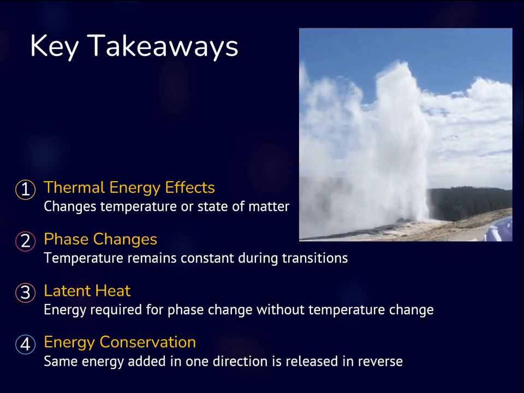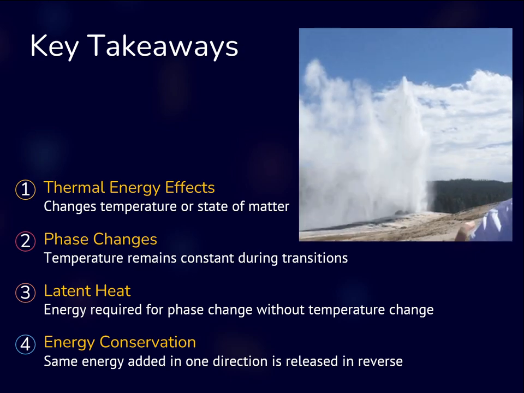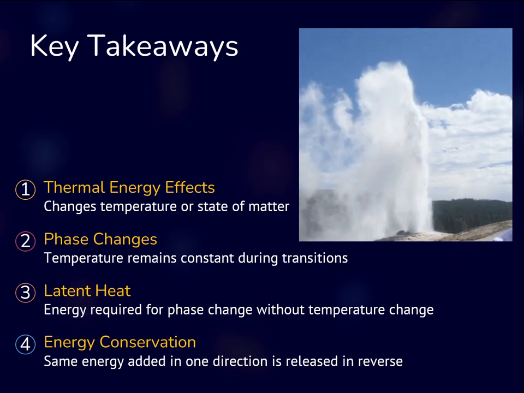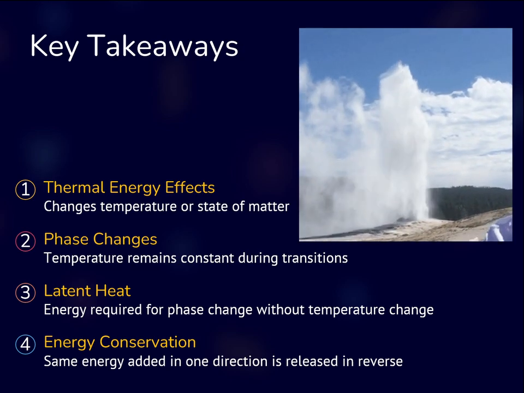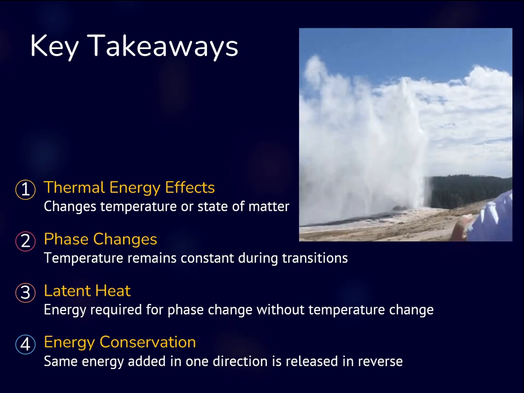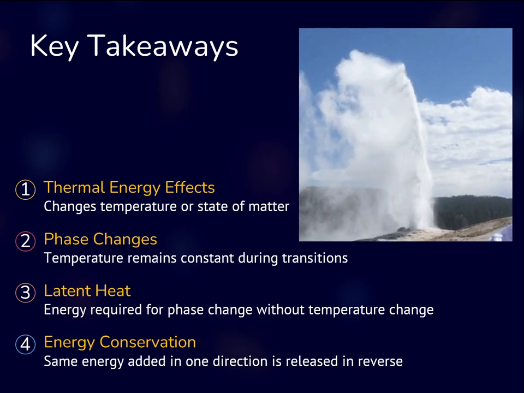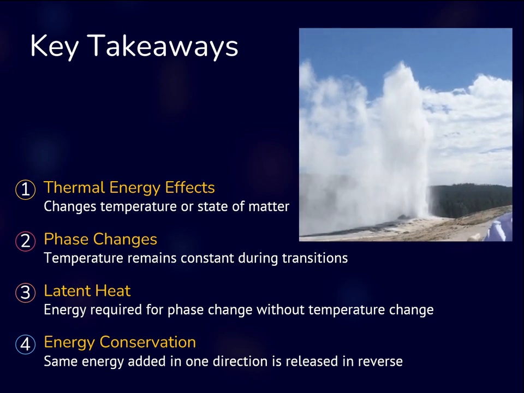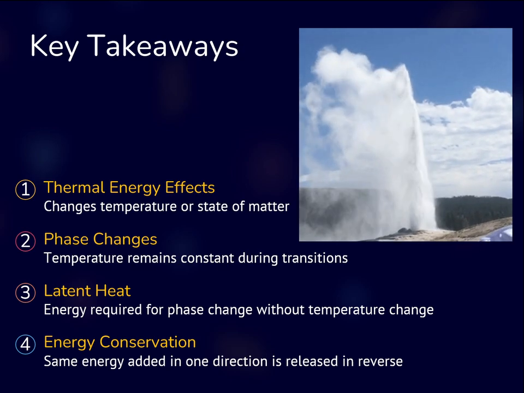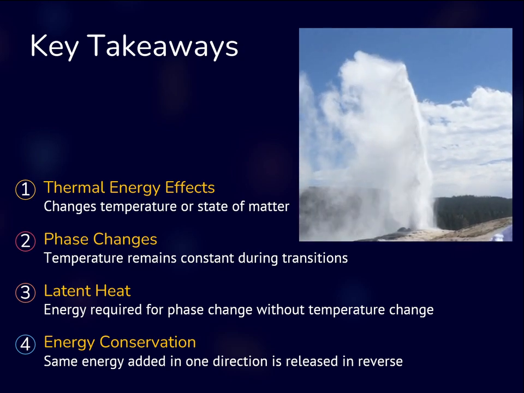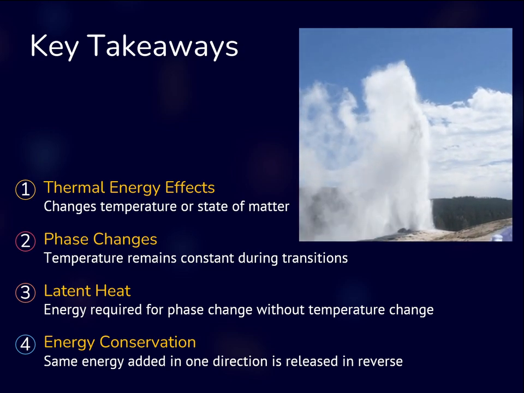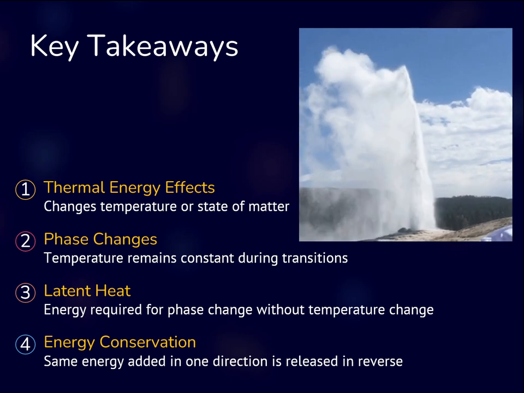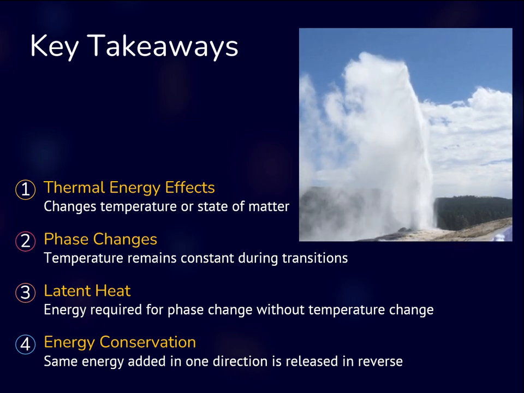So let's recap the lesson. Thermal energy can manifest as rising temperature or hidden latent heat, but both never at once. Phase change temperatures are substance specific and pressure dependent. Latent heats, for example, 334 kilojoules per kilogram for melting ice and 2,260 kilojoules per kilogram for vaporizing water, are enormous energy reservoirs.